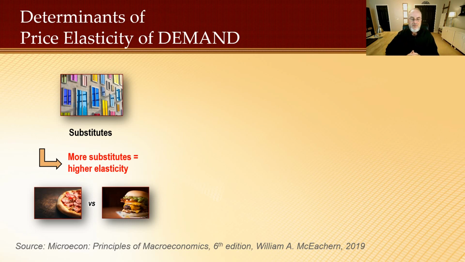If there aren't a lot of substitutes, let's say that there's a drug for Alzheimer's that cures it. There isn't a cure, but let's just say there's a drug that cures it. Well, it's pretty much not going to matter what the price is. Because people need that to be cured, they're going to pay whatever it is. There are not a lot of substitutes, therefore it's not very elastic relative to price. You can do whatever you want to with the price.